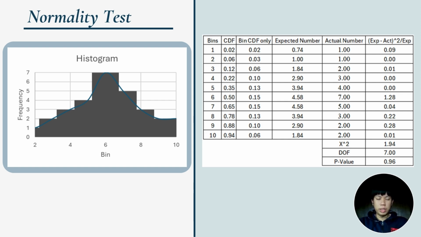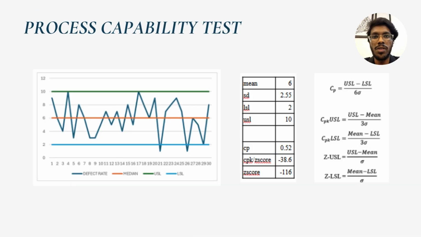The normality test also includes a p-value calculation, with a p-value of 0.96, which is well above the 0.05 threshold. We can confidently conclude that the data follows a normal distribution. The process capability test conducted during the measure phase of this project aims to evaluate the alignment of defect rate with customer specifications.